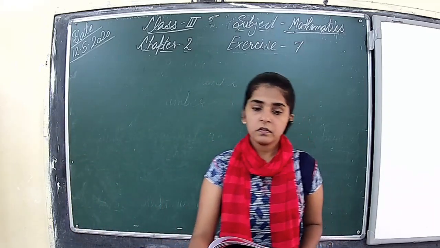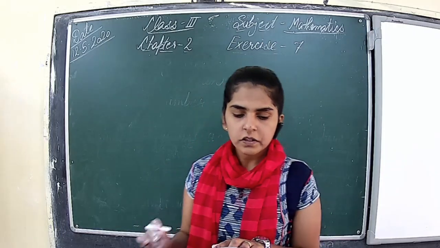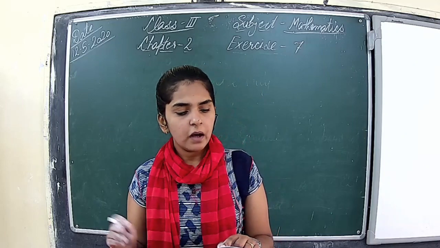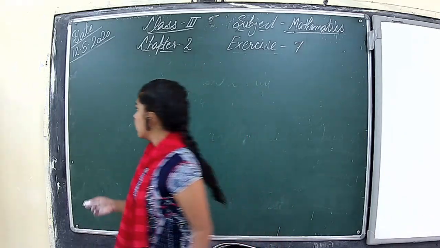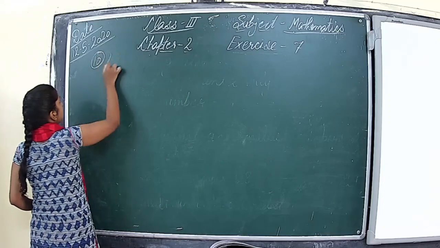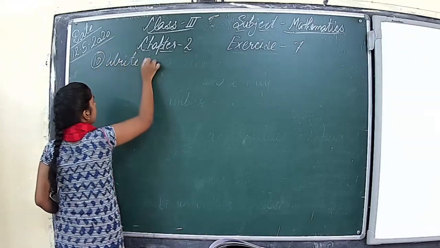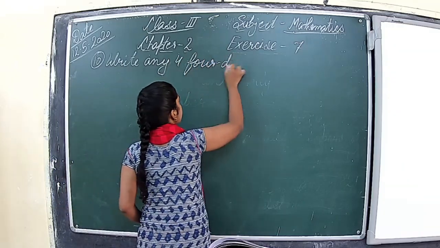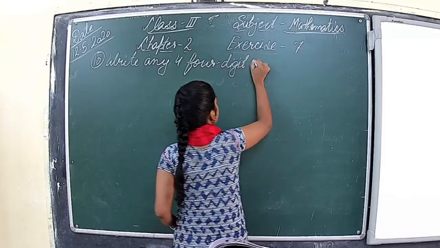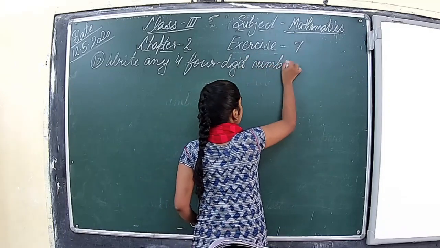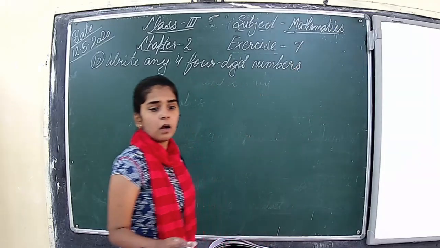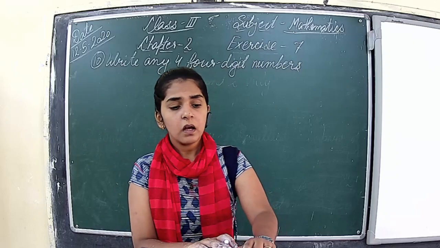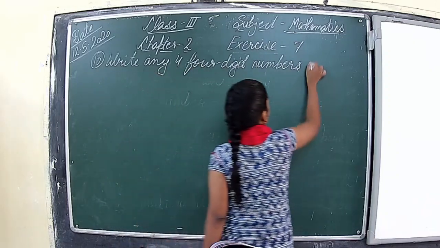Question number 10 is, write any 4-digit numbers using all the digits 3, 4, 1, 2 and then arrange them in descending order. Okay? The question is, write any 4-digit numbers using all the digits.